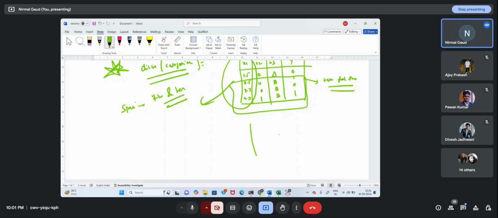So this training data will be like 2.5, 3.7, 4.9, 0 0 1, B B B, and the target 1 0 1.